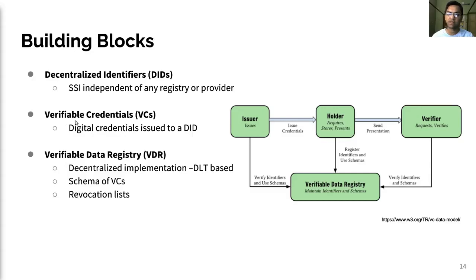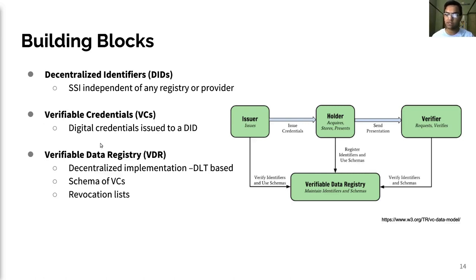And then we are using verifiable credentials or VCs, which are digital credentials issued by the issuer to a certain DID subject, which becomes its holder, and these VCs attest to claims about the holder which can be verified by anyone without the involvement of the original issuer. So both the DID and VC specifications are W3C recommendations.